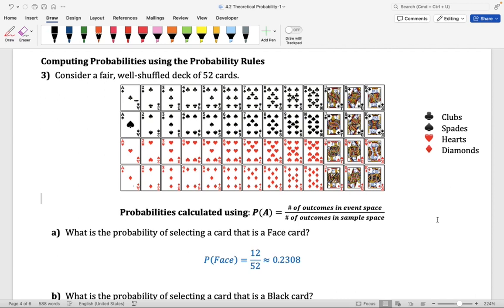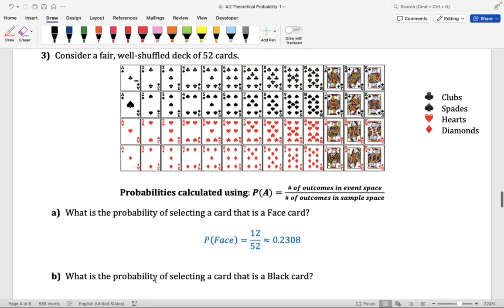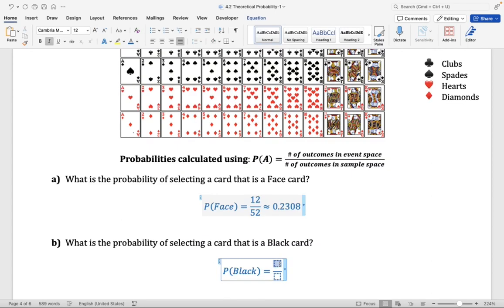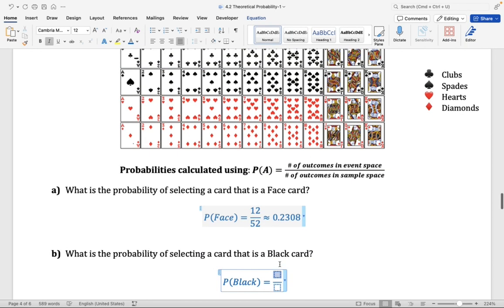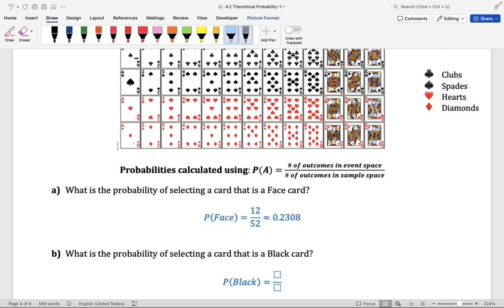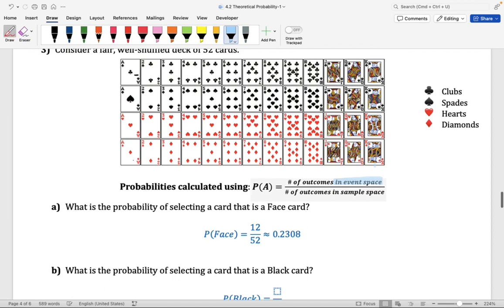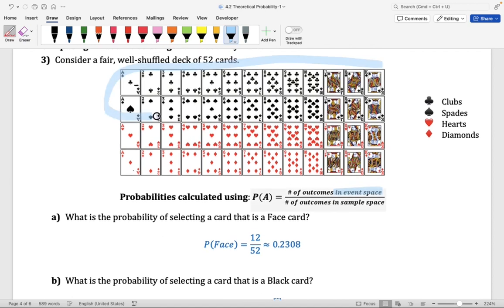So again, here we simply took the number of outcomes in the event space divided by the number of outcomes in the sample space. Now, would you be able to compute the probability of selecting a card that is black? So here I'm going to write P of black, meaning the probability of selecting a black card. For this probability, you simply need to think of the number of outcomes in the event space. How many black cards do you have? These are all the black cards.